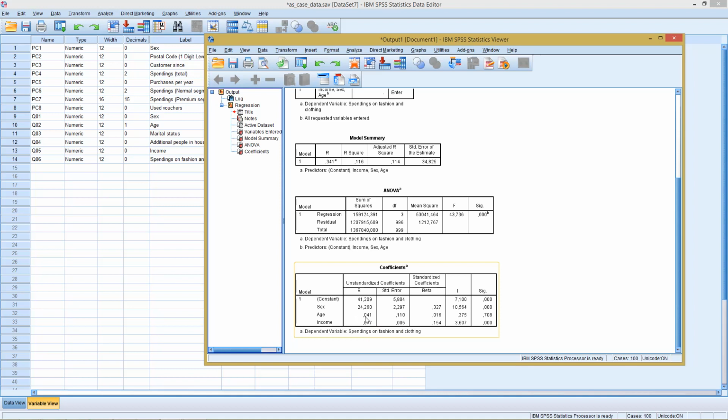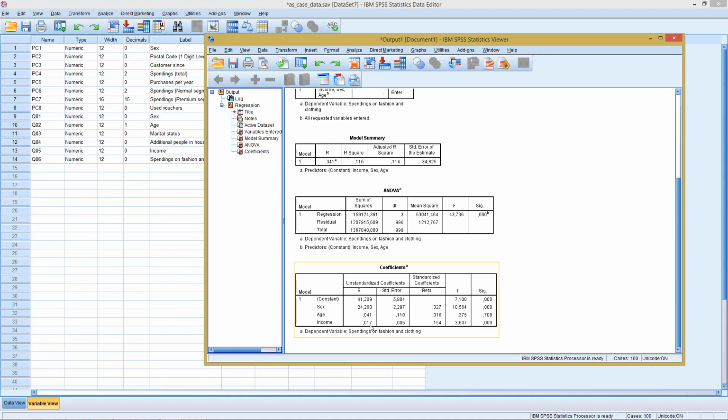This is for age. For income, income measured in euros. So for each euro we earn more, we would spend roughly 0.017 euros on fashion and clothing. So roughly 1.7 cents. Or in other words, this tells us we would spend roughly 1.7% of our income on fashion and clothing.